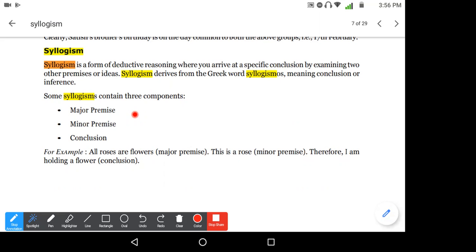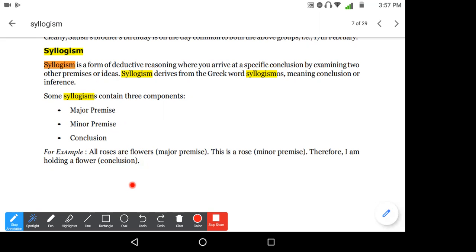Now let us take this example. All roses are flowers. So that is a major premise. We are saying all roses are flowers and that is accepted, right? And what is the minor premise? This is a rose.